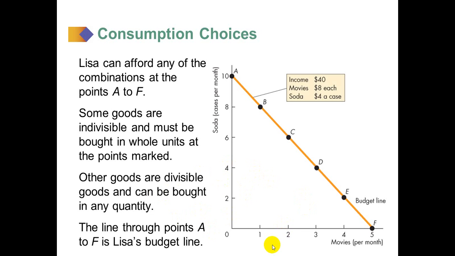So the line through points A to F is called the budget line.